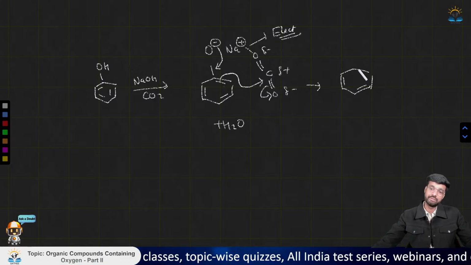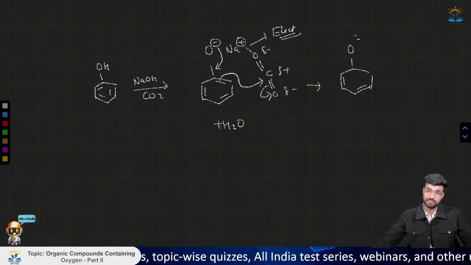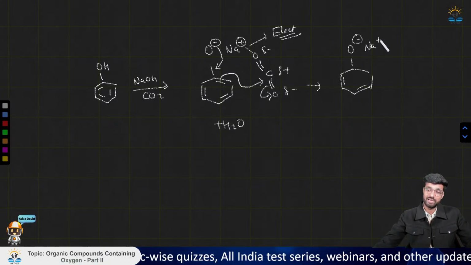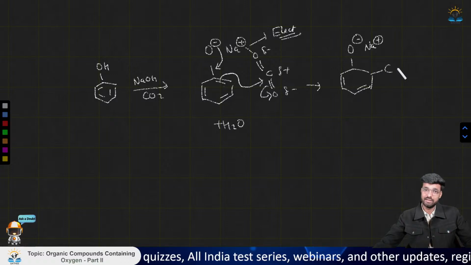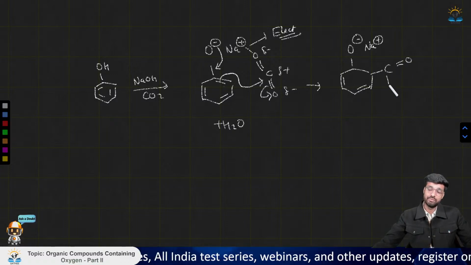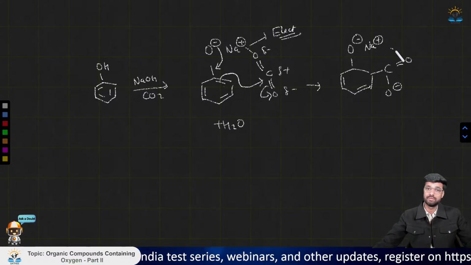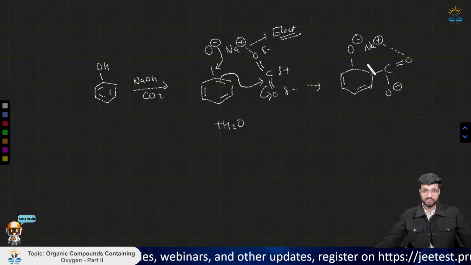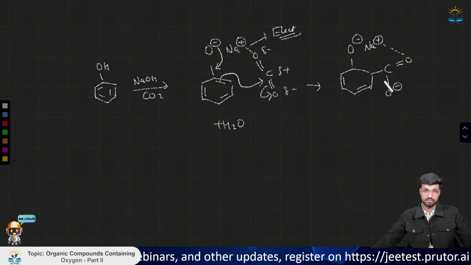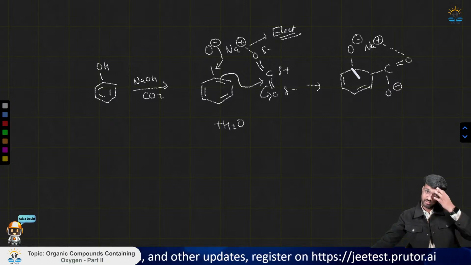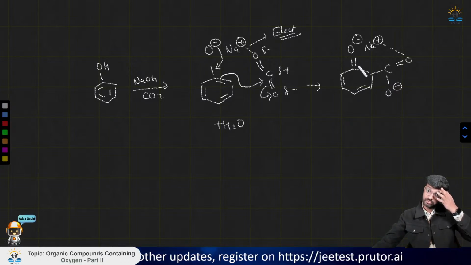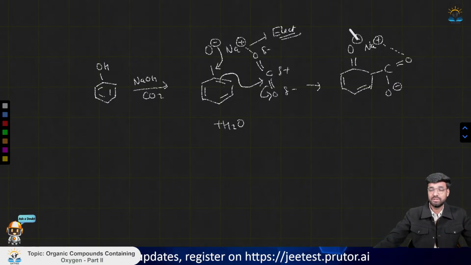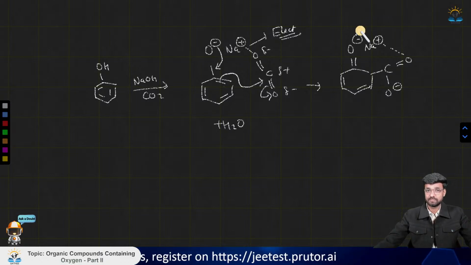O minus, Na plus, and then C double O, O minus, having a positive charge. Okay, so this is the overall that we will have.